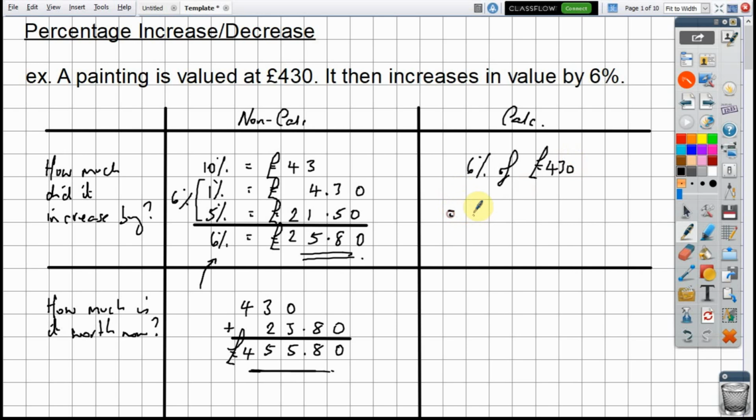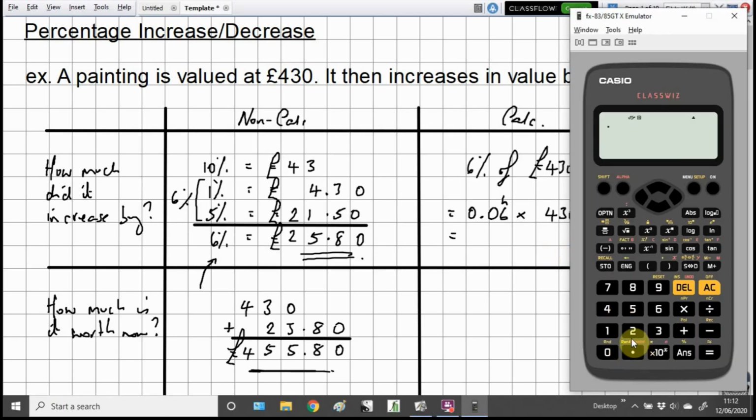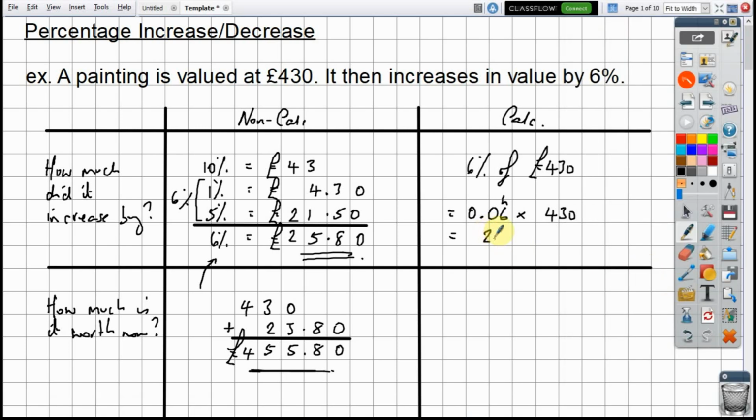Now 6% is the same thing as 6 hundredths, so 0.06 times 430 equals, turn it into a decimal, 25.8. We do need to remember that we're talking about money, so we need to put the second decimal place in. And there's the £25.80. It's a lot less writing. Definitely worth learning.